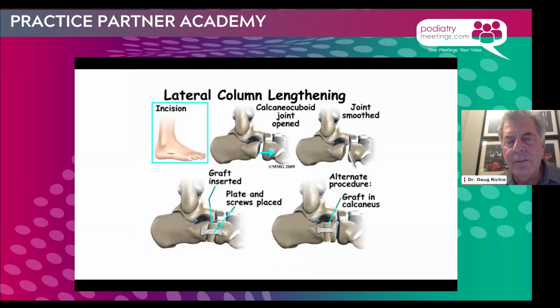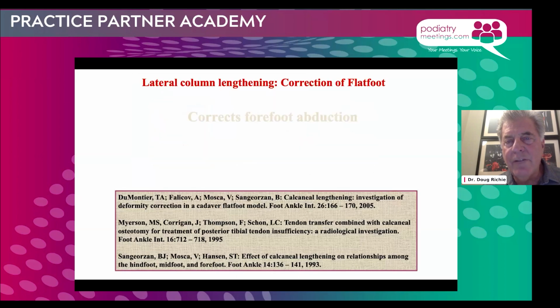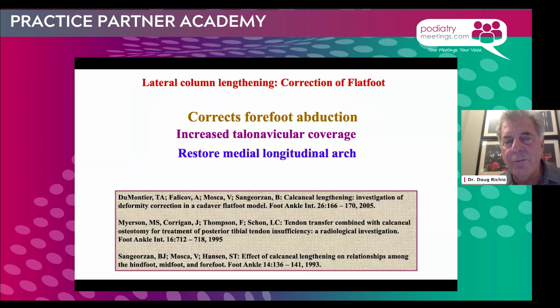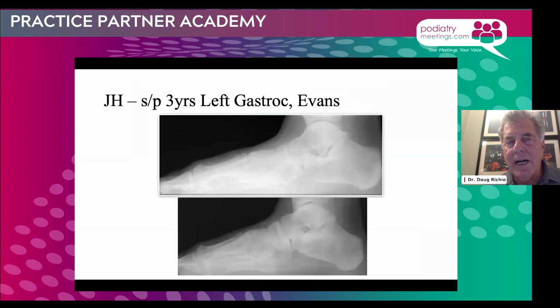A simple 1 centimeter graft placed just proximal to the calcaneocuboid joint imparts profound three-dimensional correction of the flat foot deformity, primarily by, this is pre-op and post-op, look at the elevation of the cuboid off the ground with this procedure, and elevation of the lateral column, because it stiffens the entire lateral column so that the ligaments and the muscles affect more efficiently across the midfoot.